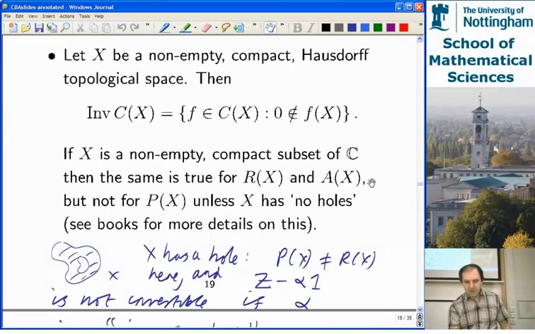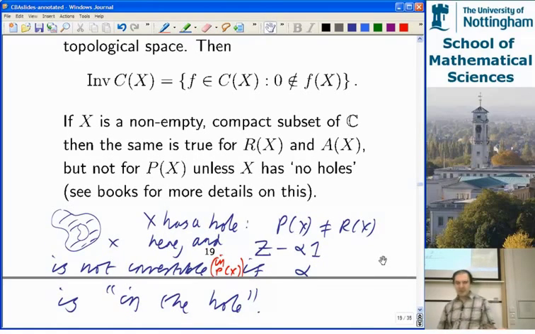And I said the same was true for R of X and A of X, and not for P of X. This is not invertible. This is in P of X, of course. If you put alpha in the hole, it is invertible in R of X because 1 over Z minus alpha will be a rational function.